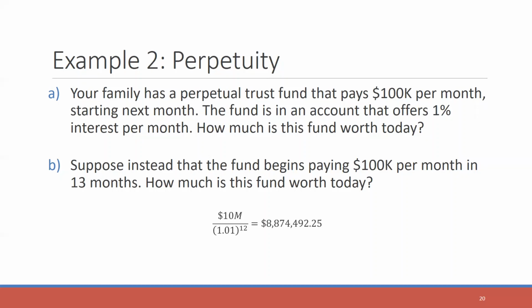But remember, whenever we discount, because this is going to pay 100K per month in 13 months, we're going to be discounting by 1 plus R to the power of 12, because our first period is always period 0. So please don't let that trip you up. Sometimes it can be a little bit unfamiliar if it's not something that we've done a lot in terms of valuations, but we always want to remember our first period is period 0.